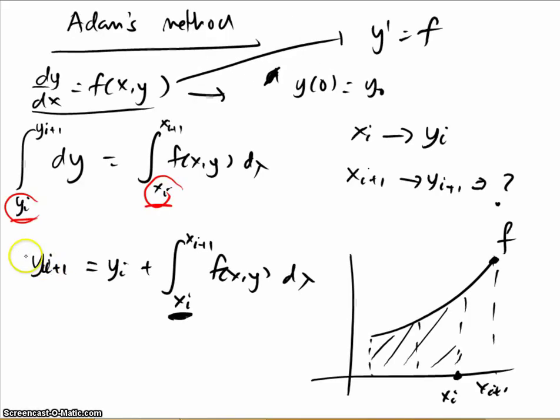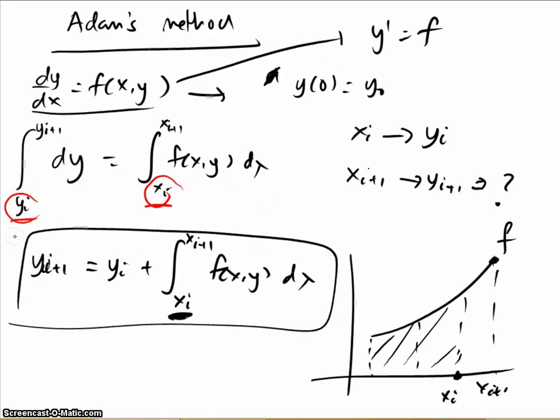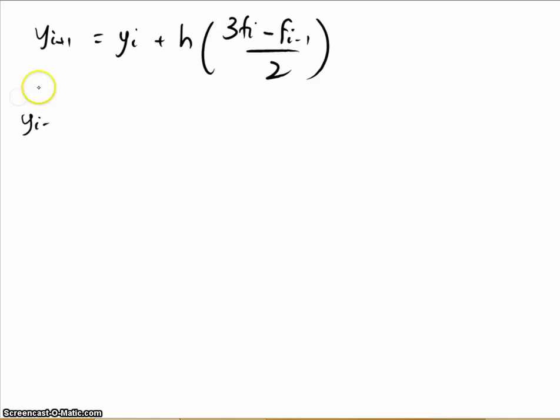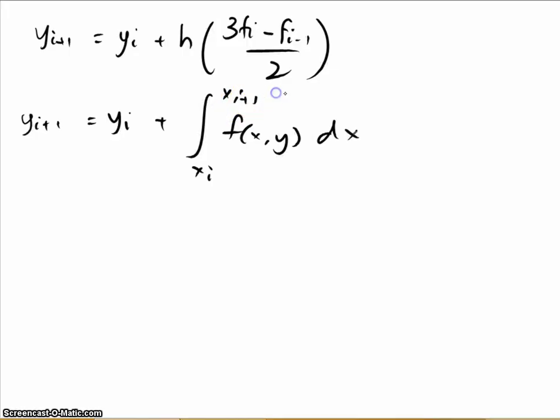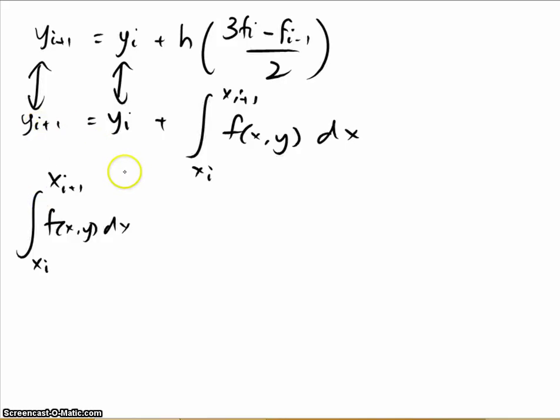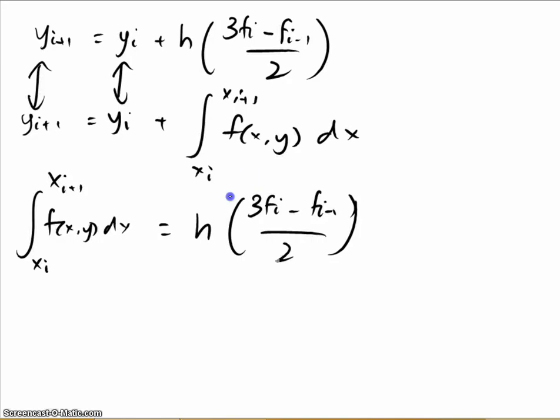If you go back to our integral, I have this equation here. If I write my equation out, this would be given by y_i plus the integral from x_i to x_{i+1} of f(x,y) dx. So matching my coefficients and variables here, you can see that the integral of f(x,y) from x_i to x_{i+1} is actually given by h(3f_i - f_{i-1})/2.